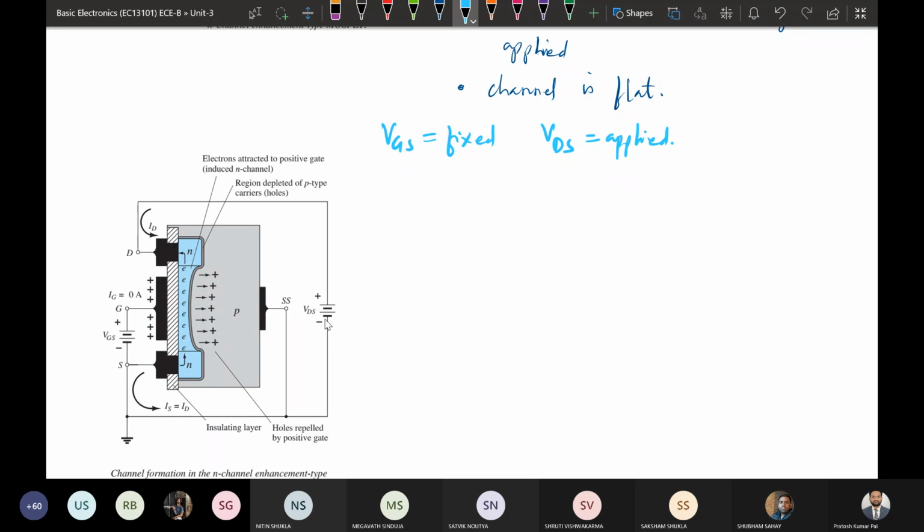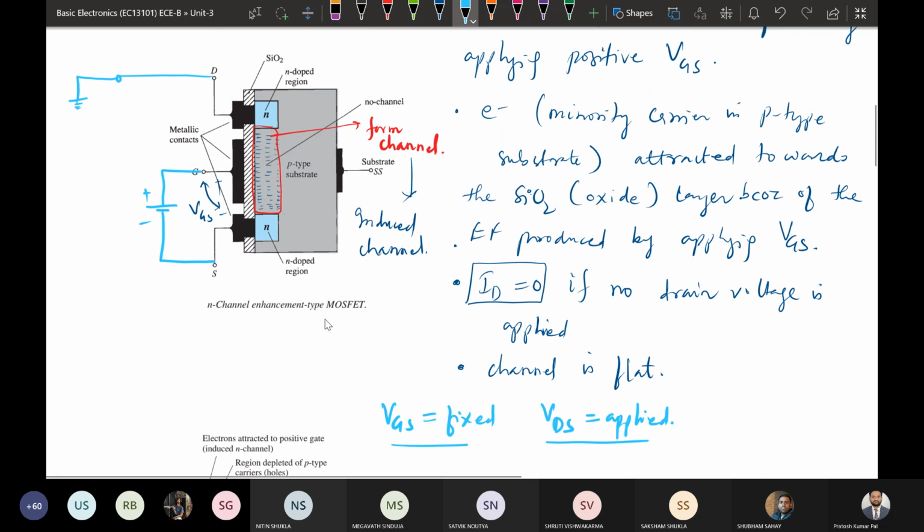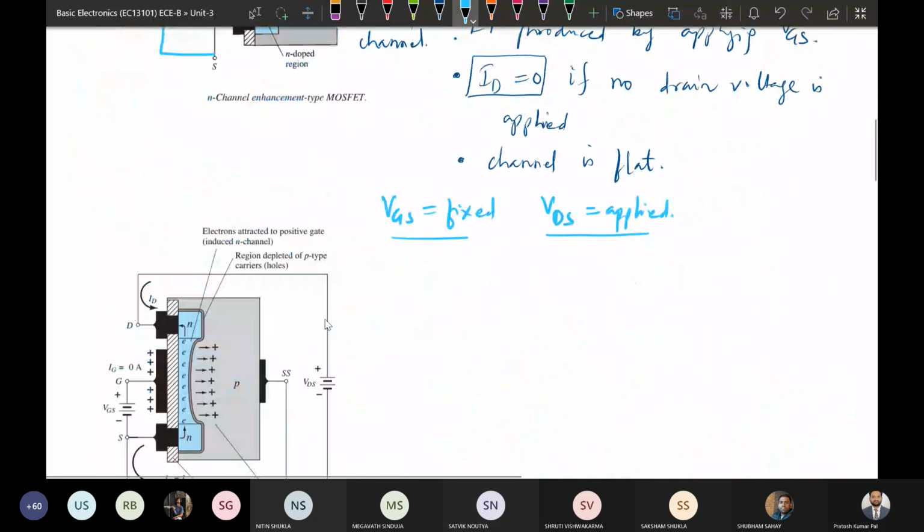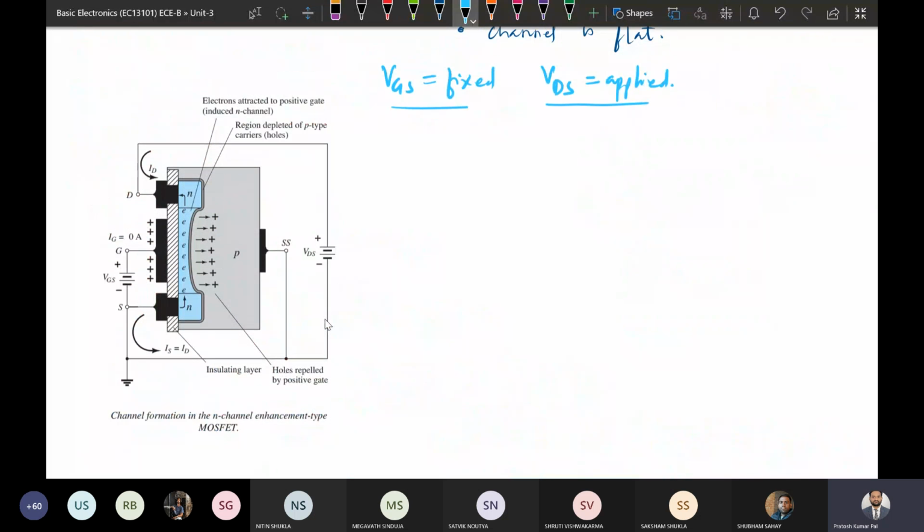So this is the first case, and in the second case we make VGS fixed. That means we have made VGS fixed so that we are able to form the channel. Once the channel is formed, now we apply VDS, such that VDS will be positive.